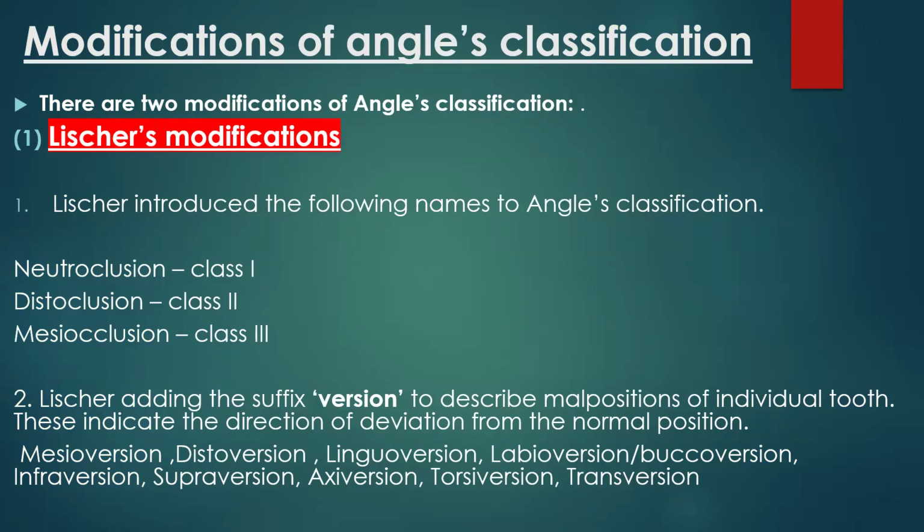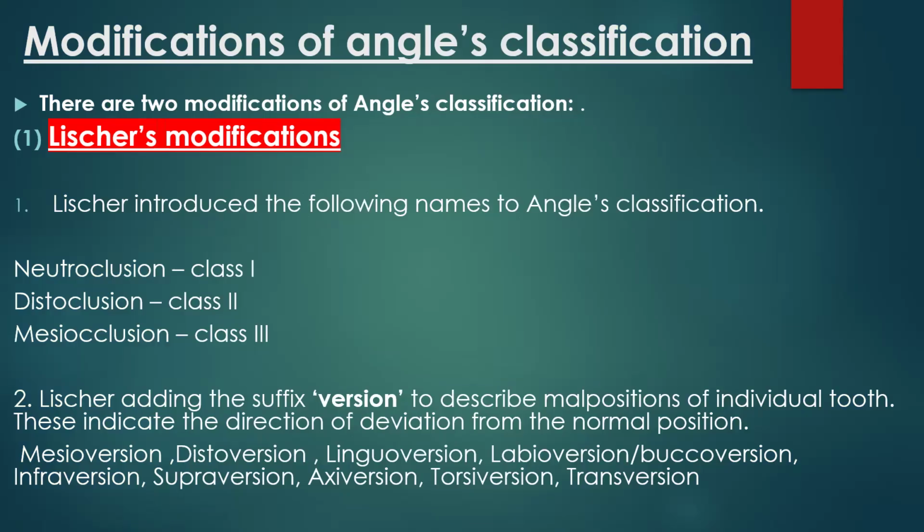There are certain modifications of Angle's classification. One is Lischer's modification, another is Dewey's modification. In Lischer's modification, what he did was he introduced certain nomenclature. He modified the names. Suppose the Angle's class 1, he gave certain nomenclature to it like neutrocclusion, distocclusion, mesiocclusion.